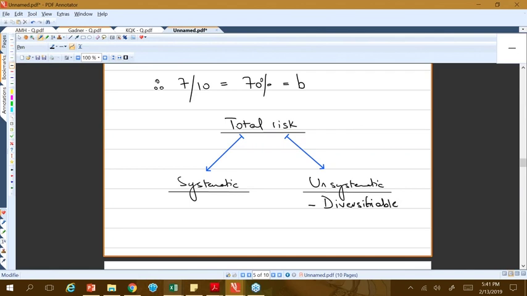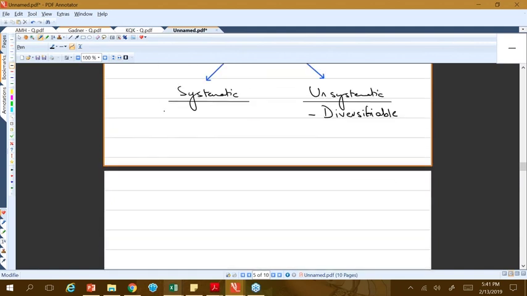So we are telling the shareholders that because it is an easier risk to diversify away, we are not worrying about that. And so we assume that shareholders can do it themselves. What we worry about is systematic risk, which is the market risk. Now, when we think of systematic risk, there are two important things we need to know. One is business risk, and the other is financial risk.